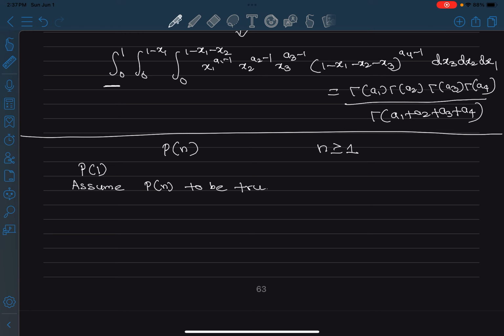That means the formula is true for n being n, and then we prove P of n plus 1 is true. And then we prove that the formula is true for n plus 1. So if we can prove that, because P of 1 is proved, that means P of 2 will be true, P of 3 will be true, and then it will be true for all natural numbers n. This is how proof by induction works.